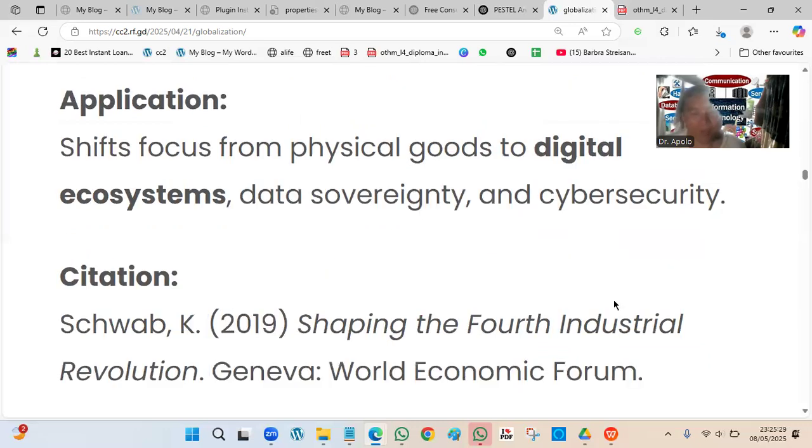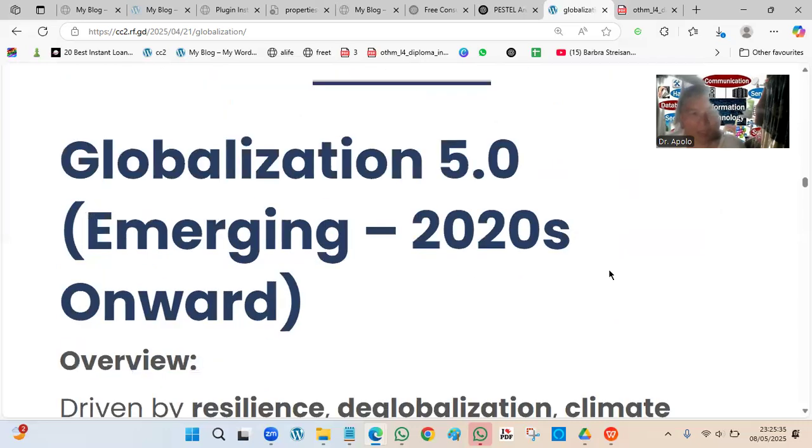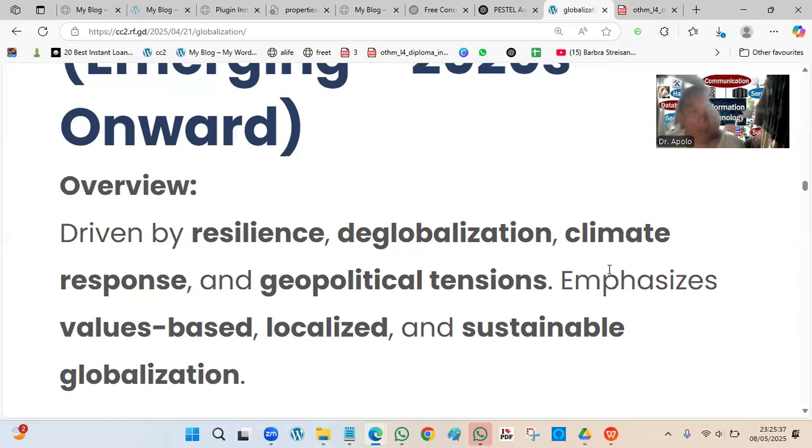Protection of the data. Globalization 5, emerging from 2020 onwards, is driven by resilience, climate response, and geopolitical tension, emphasizing value-based, localized, and sustainable globalization.